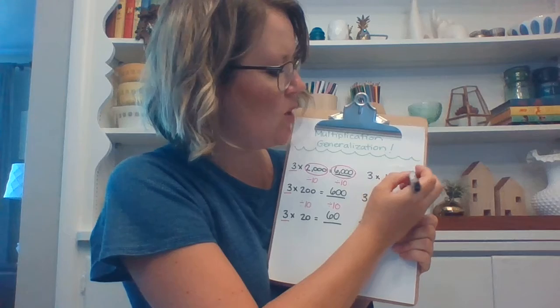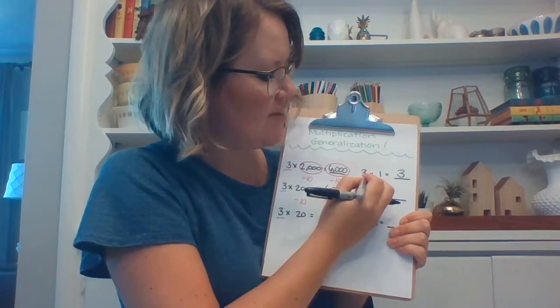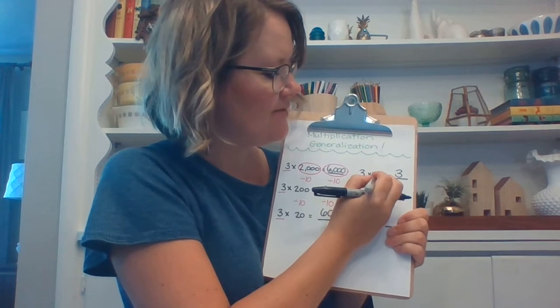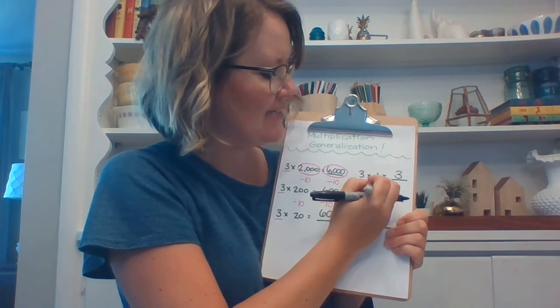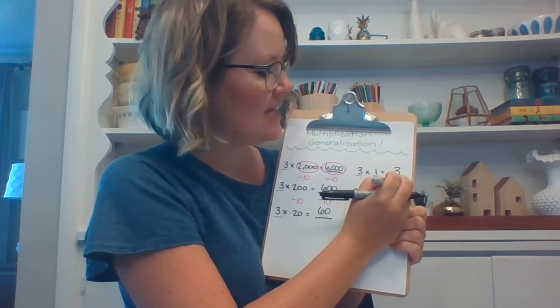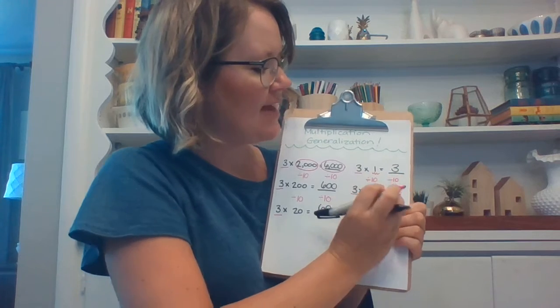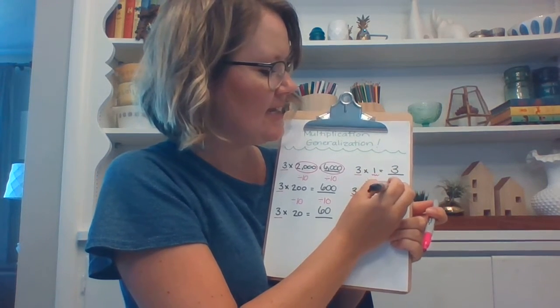3 times 1 is 3. But if I keep this 3 the same and divide this factor by 10 to get 1/10, I just have to do the same thing to the answer. Divide that product by 10. And 3 divided by 10 is 3/10.